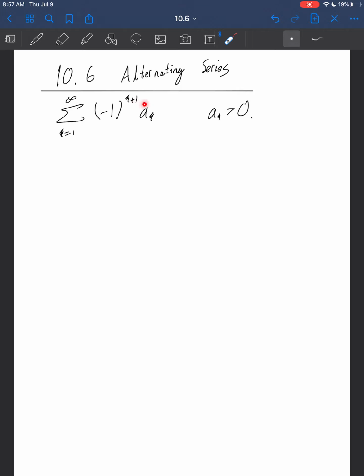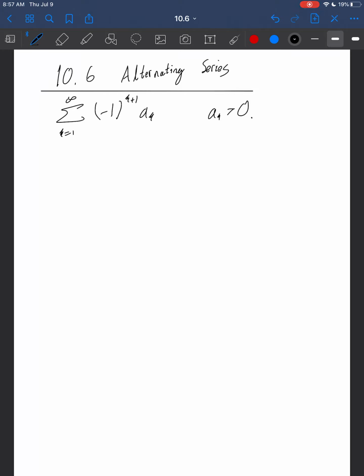Whenever k is odd, k plus 1 is even, and so we have a positive term. And then when k plus 1 is odd, so k is even, we have a negative term. So we start by adding something and then subtracting something, and then adding something and then subtracting something, and so on and so forth.